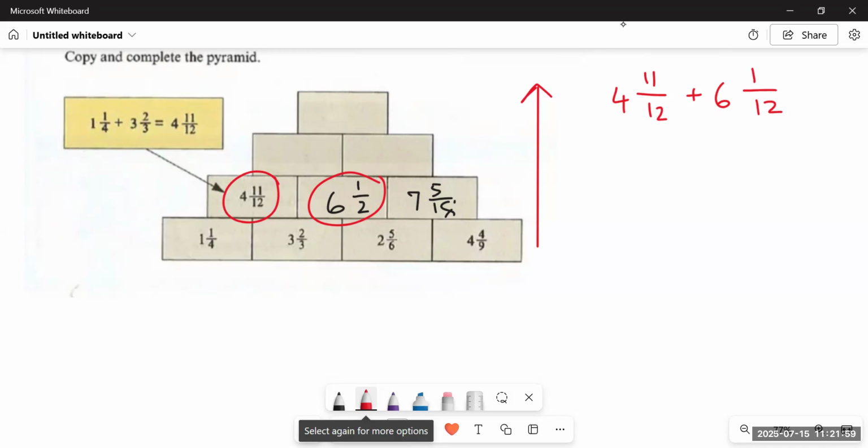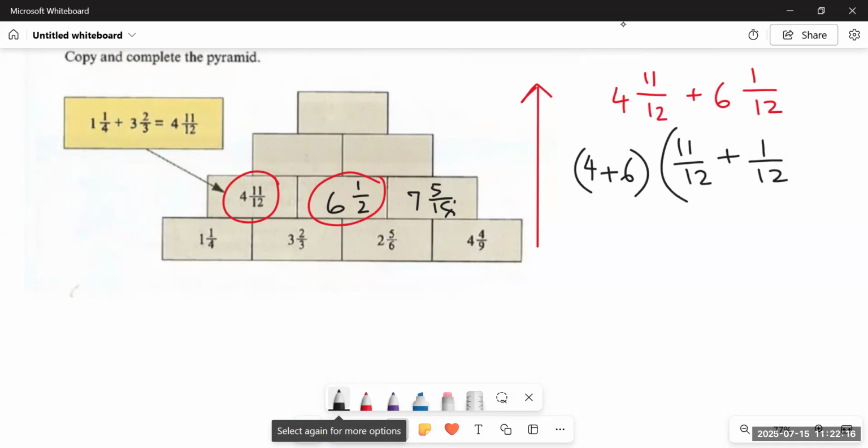If you have mixed numbers, you can solve the whole numbers separately and the fractions separately and then combine them later on. I took 4 and 6 and added them, and then I took 11 upon 12 and 1 upon 2, and now I'm solving them.